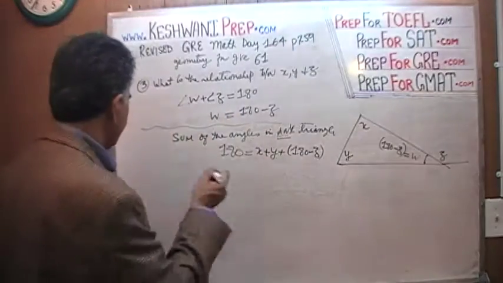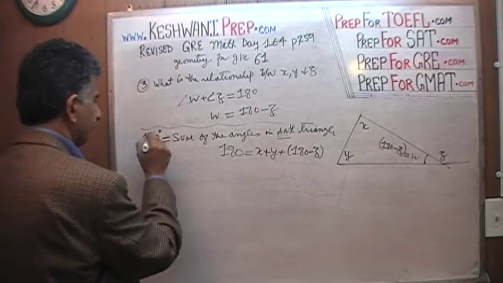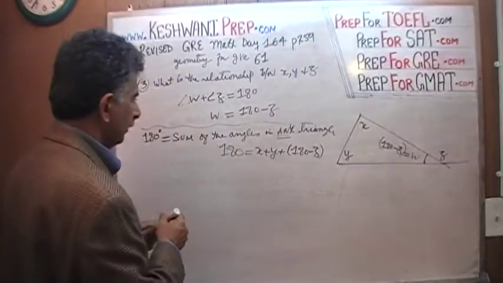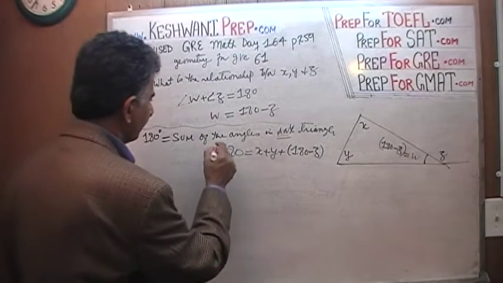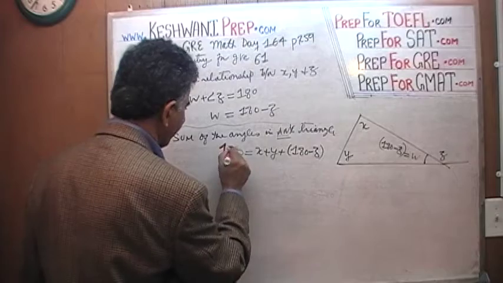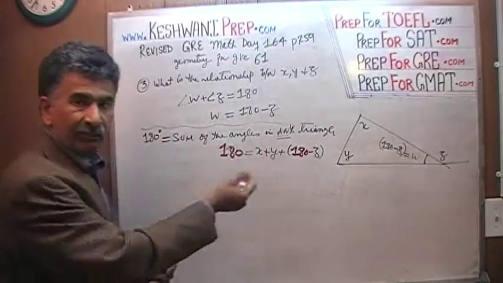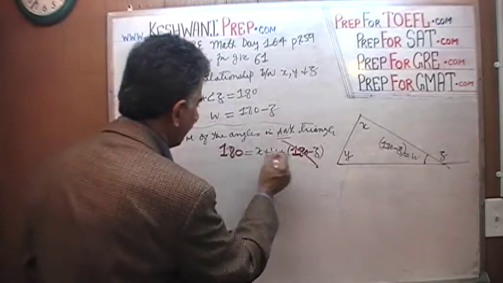Let's see what we can do here. I see 180 on this side. Let's subtract 180 from both sides of the equation. If you were to subtract 180 from both sides of the equation, it will drop out.